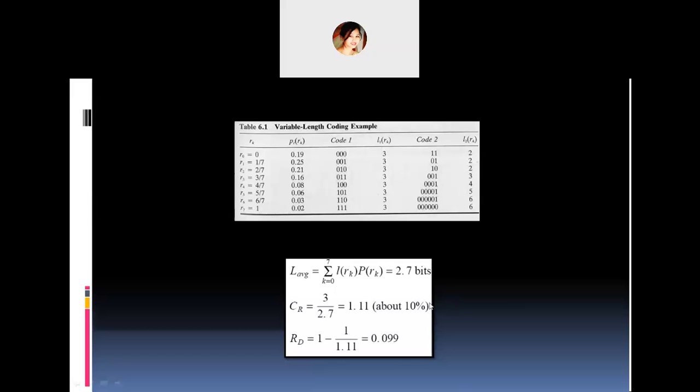So this sum looks very small, but it also carries 10 marks. Why? Because you have to know the equation for L average, the equation for compression ratio, and the equation for relative redundancy. After knowing the equations, you have to keep the values in the equations, and then you'll get these values.